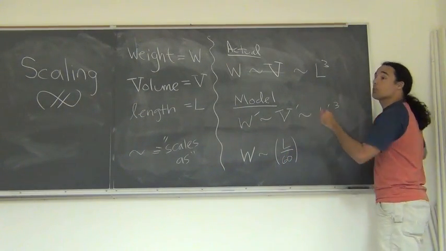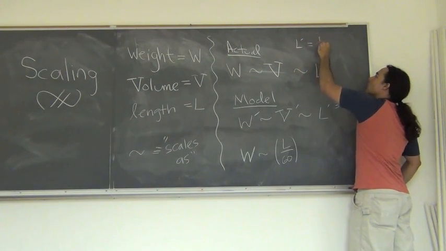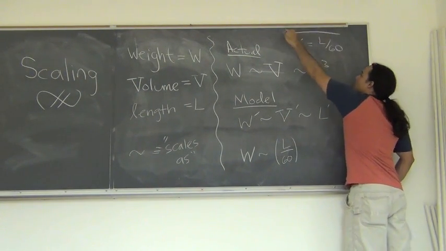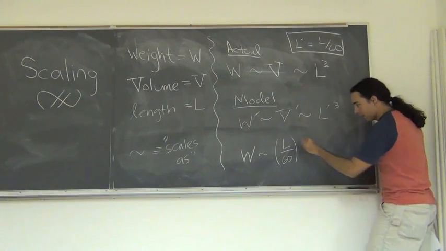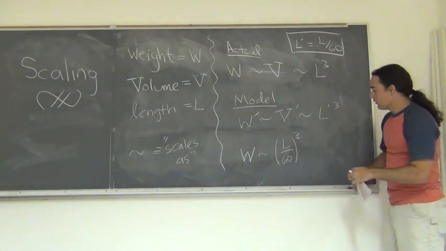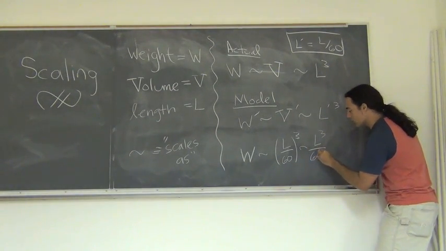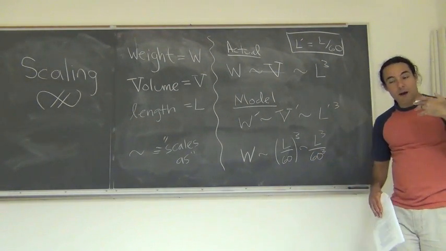Again, it's just because my new length is 60 times smaller than the original length. I'm just going to plug that in. That's going to be that cubed, which means this is L cubed over 60 cubed.